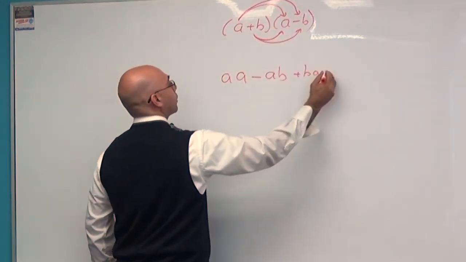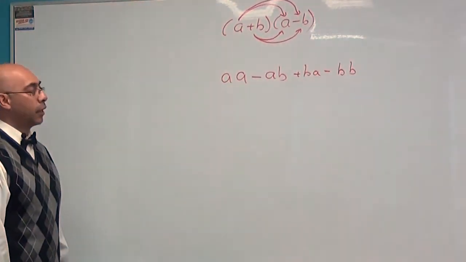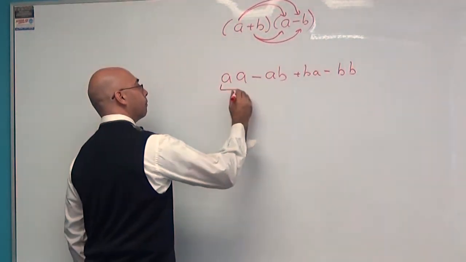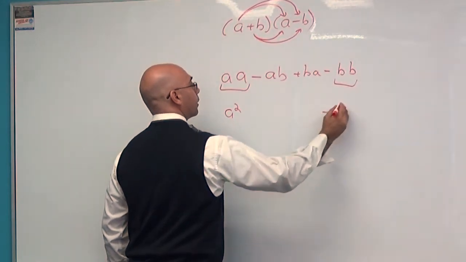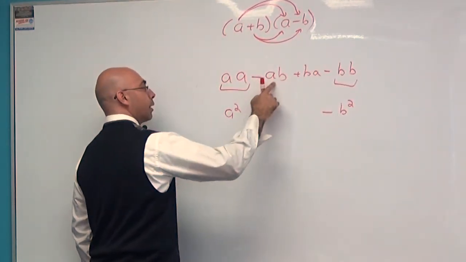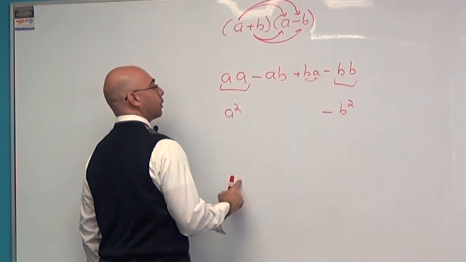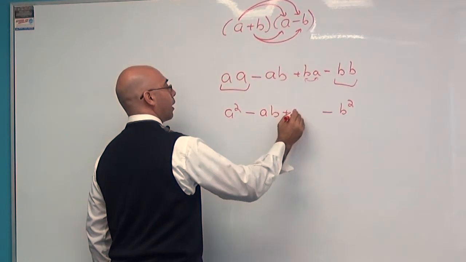Signs are different, yes? So the answer is BB, negative. Now, this becomes a to the second power. This becomes minus b to the second power. But let's remember we can switch that around. So this becomes minus ab plus ab.